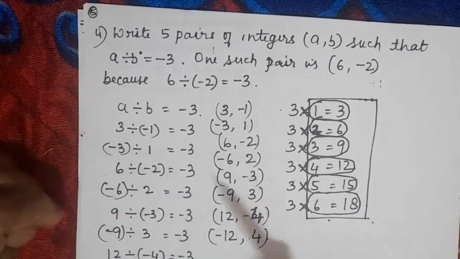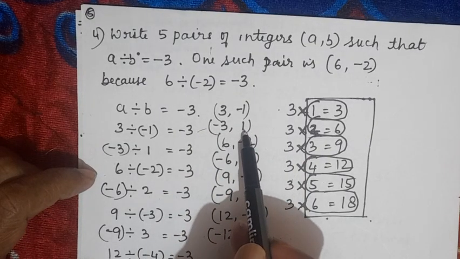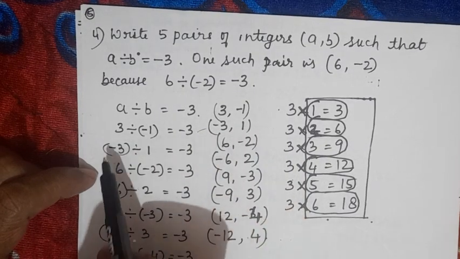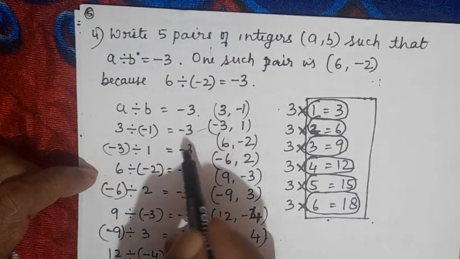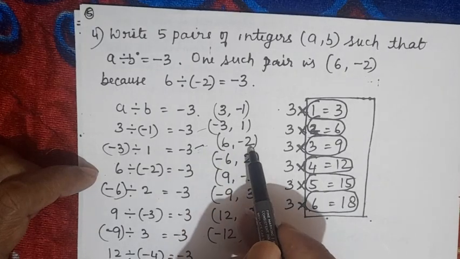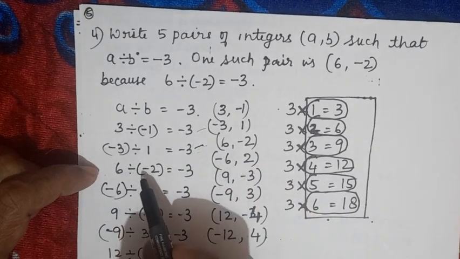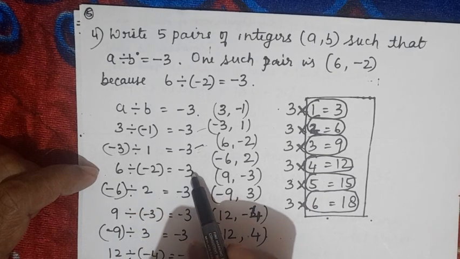This is one pair. Now take minus 3 and 1: minus 3 divided by 1 is equal to minus 3. This is another answer. In the same way, 6 and 2: 6 divided by minus 2 is equal to minus 3.